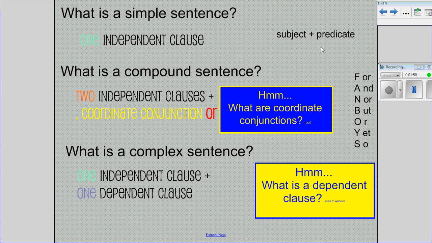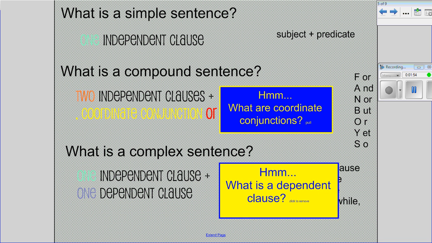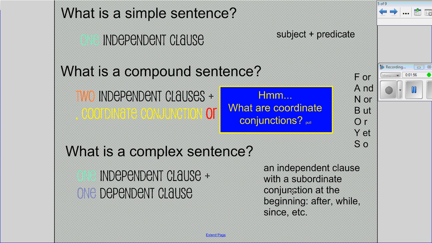Go ahead and write that down in your notebook. Your dependent clause is an independent clause with a subordinating conjunction at the beginning. So those subordinating conjunctions are in our song. Their examples are after, while, since, although, as.